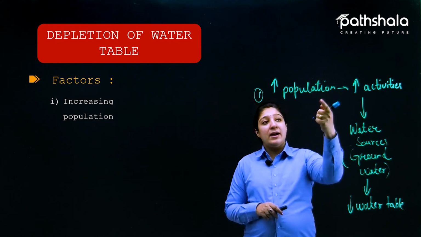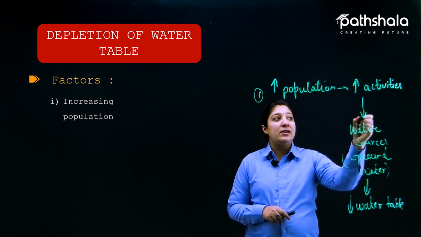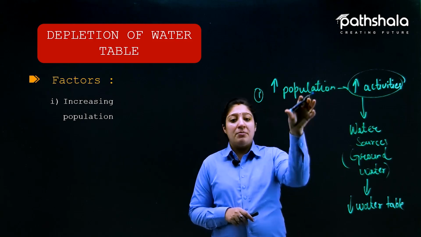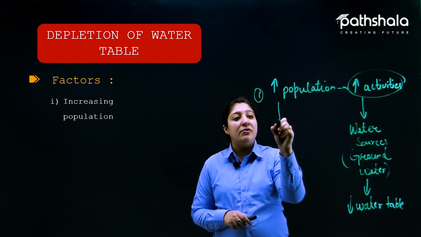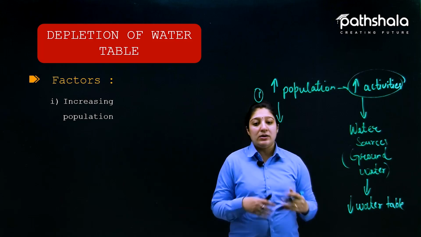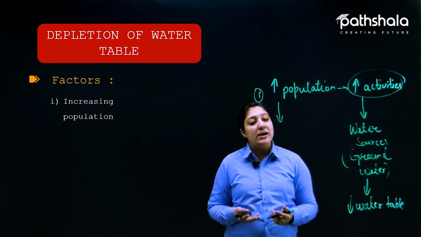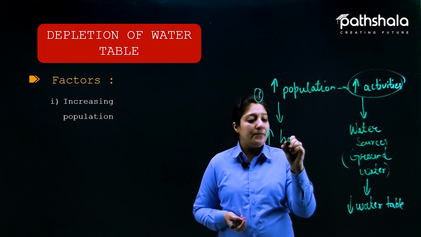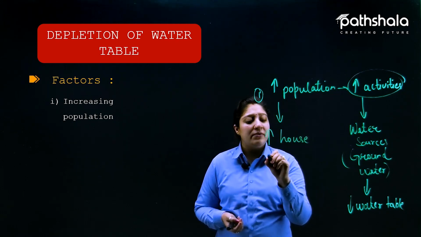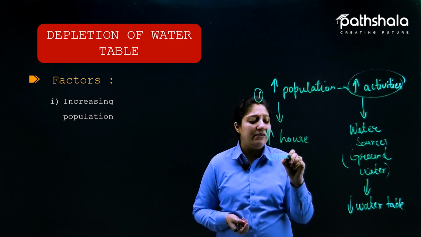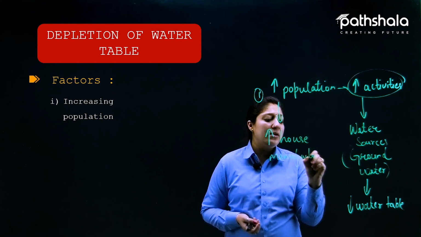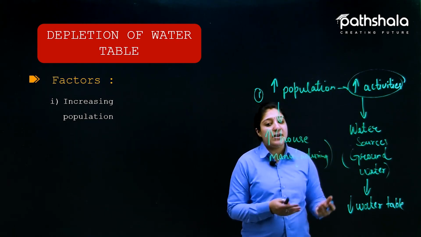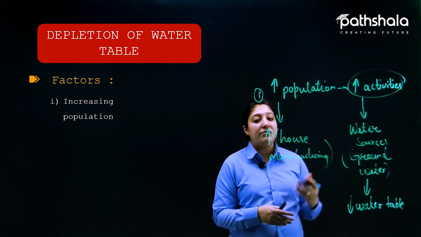Now, just understand one more factor. This is about increased activities. If population is increasing, then for this population, what the government or people need to do is increase their housing activities, or we can say manufacturing activities. They need to form more and more homes for residing, wherever they have to stay.